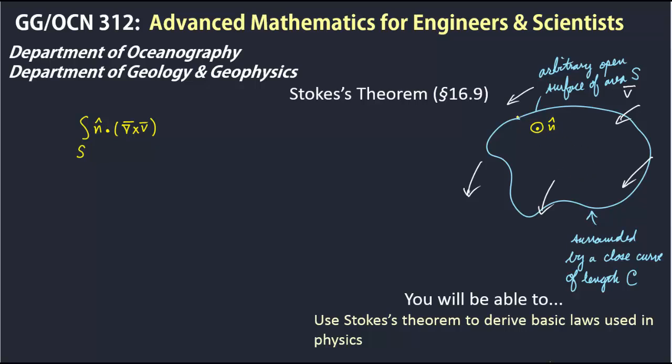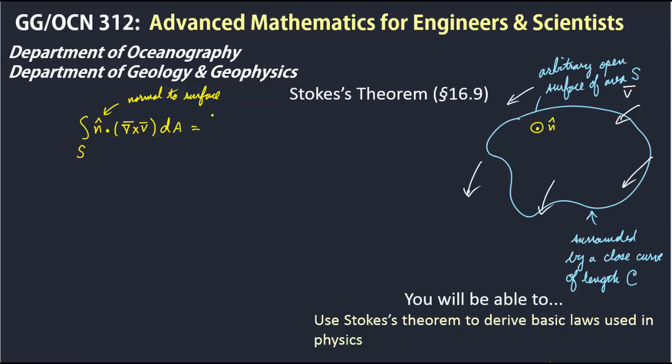If this surface is a plane, it need not be a plane, but I'll sketch it as a plane in the plane of your computer screen. N hat would be pointing outward from your computer screen. So we're dotting n hat with the curl of V and integrating over the area.